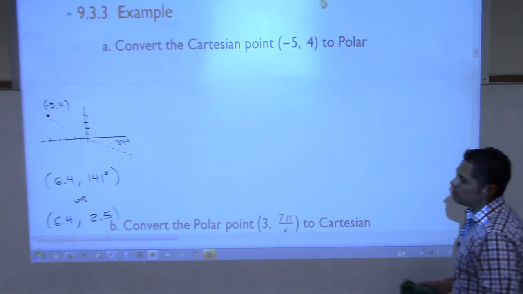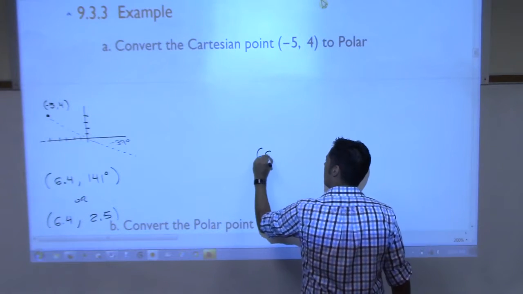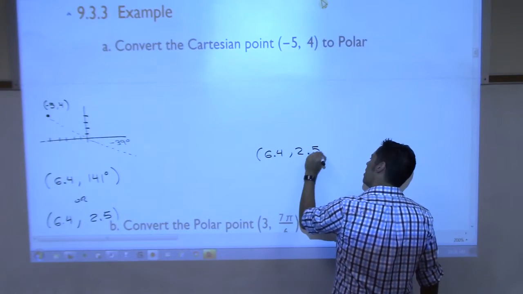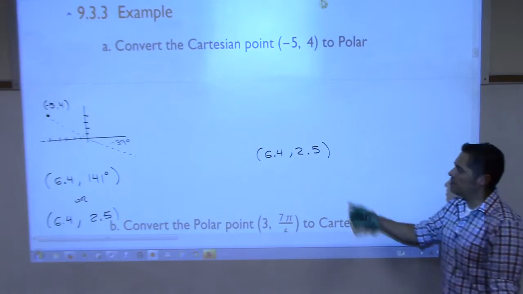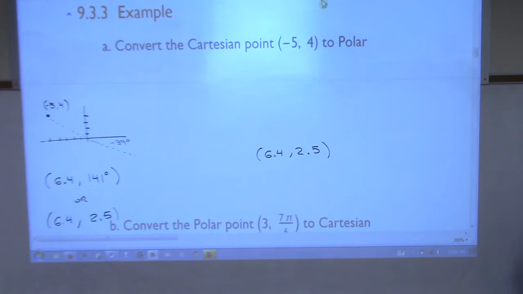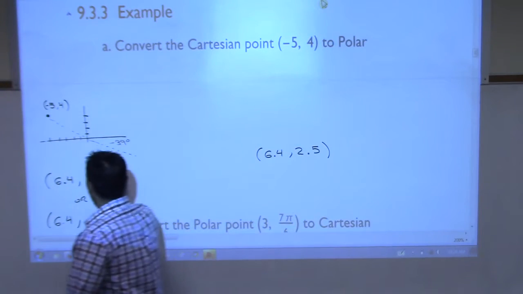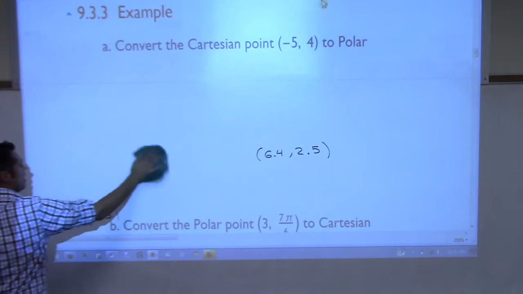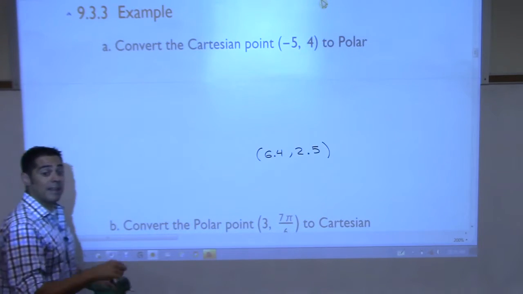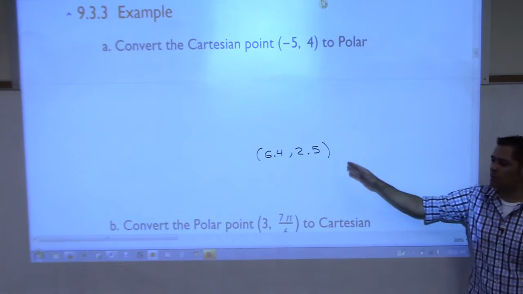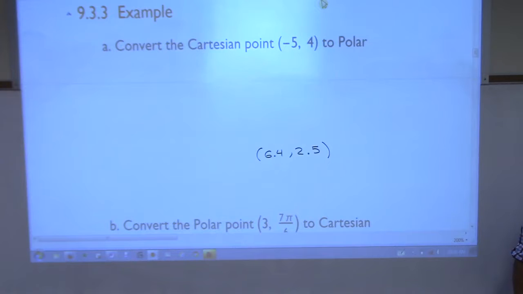Now you can appreciate some of the limitations of our notation. If I just write this down and say plot this point, I don't know if that's Cartesian or polar, right? Usually people would write that in Cartesian. If I walk into my Cal 2 class and say, everyone, plot this point, everyone's going to plot it in Cartesian.